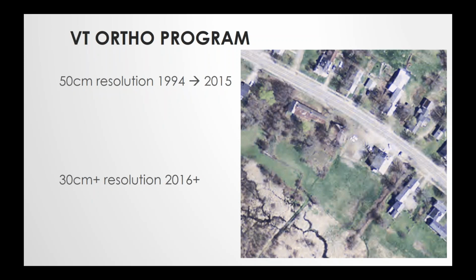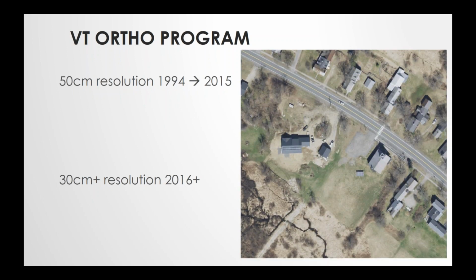The image you see on the right is an example of a 50 centimeter, and if I fast forward this, you'll see the difference. What you see here is actually a 15 centimeter. So as the slide suggests, this is 30 centimeter plus resolution.